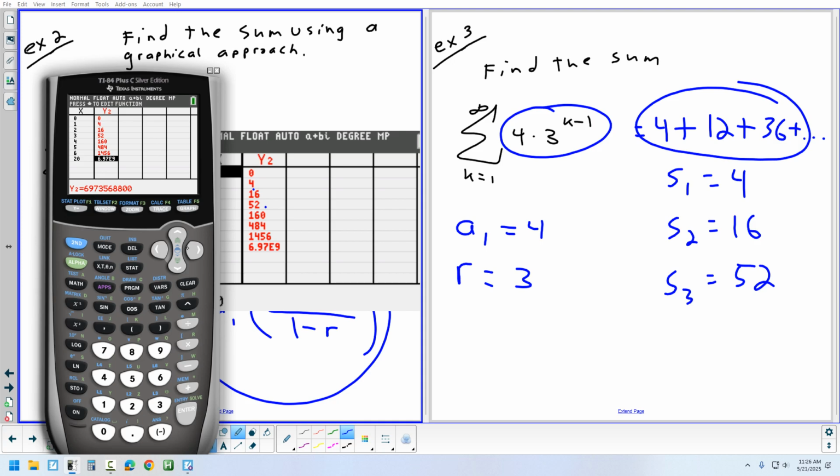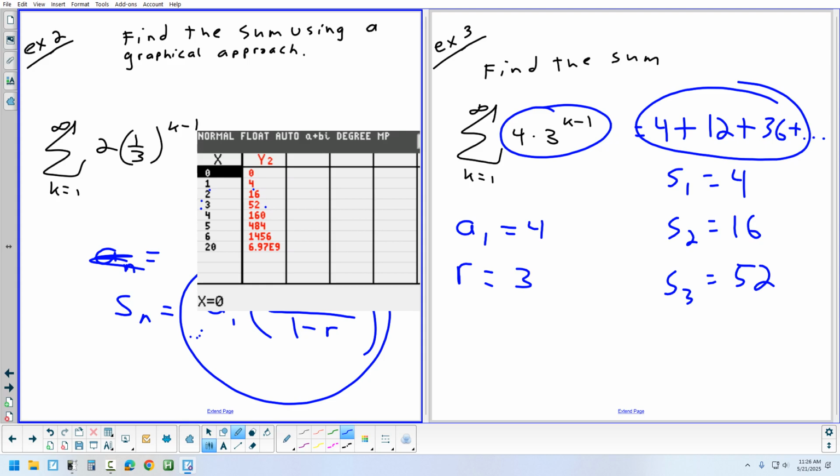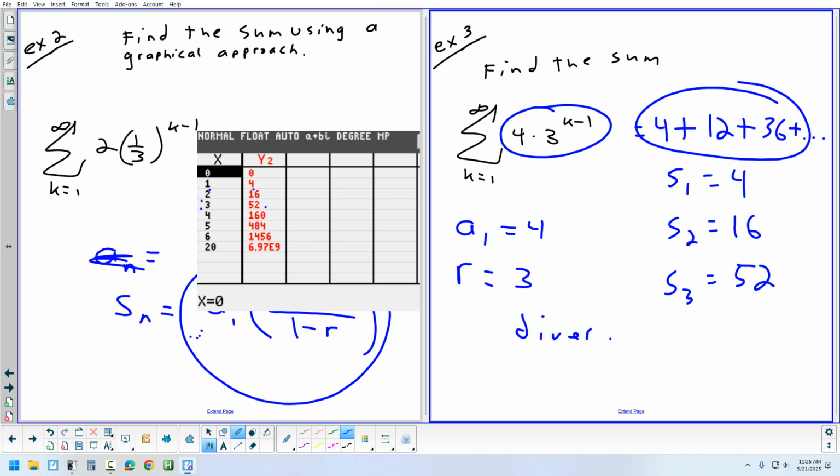This is not converging. Right? This is what we call diverging. I'm not getting closer and closer to a value, a number. Infinity is not a number. Okay? So in this case, where it says find the sum, you would say this one, it diverges. There is no sum.